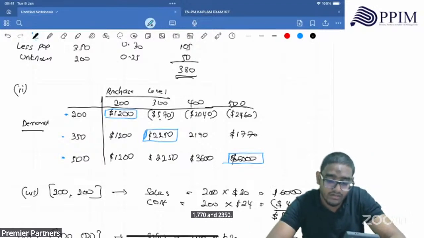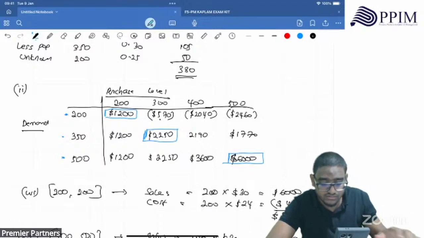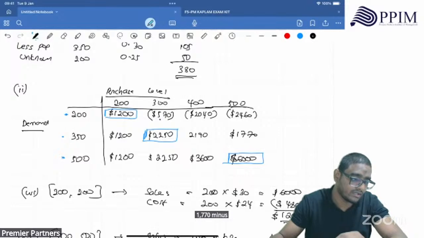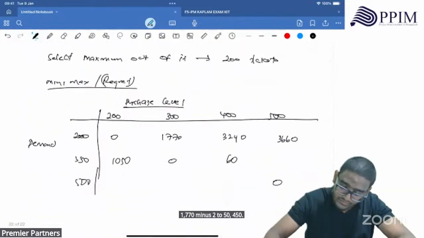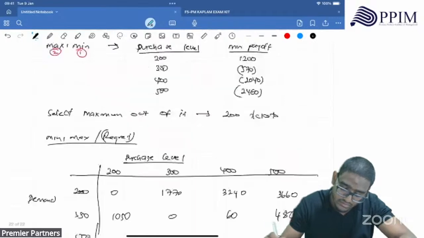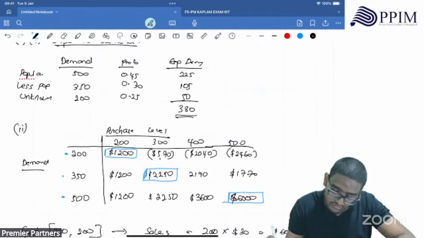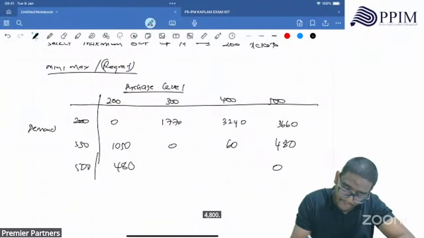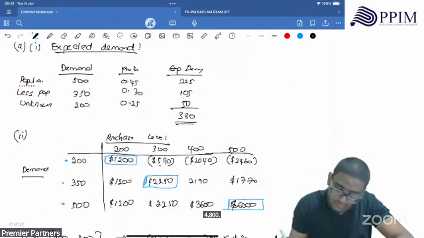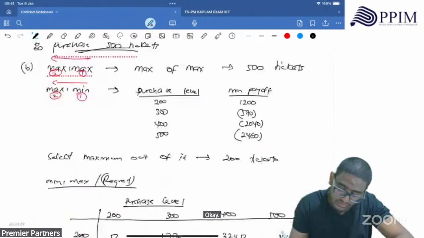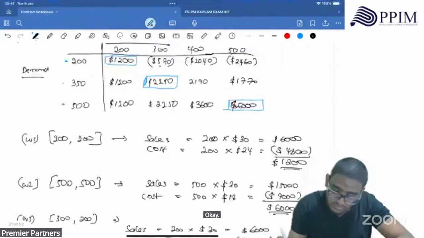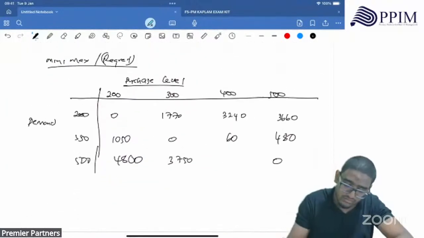So together, 1770 minus 2250. 450. Then 1200, 4800. Then 2250, 6350. Okay.